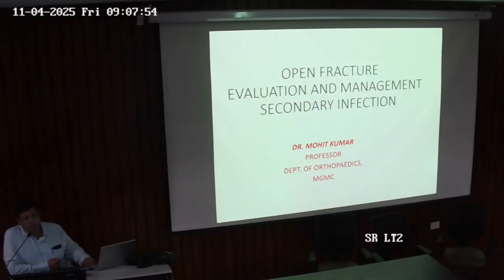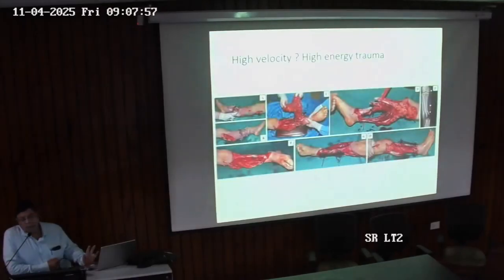So open fracture is a fracture in which the fracture or fracture hematoma communicates with the external environment. As you can see, there is a multiple fracture of the bone.